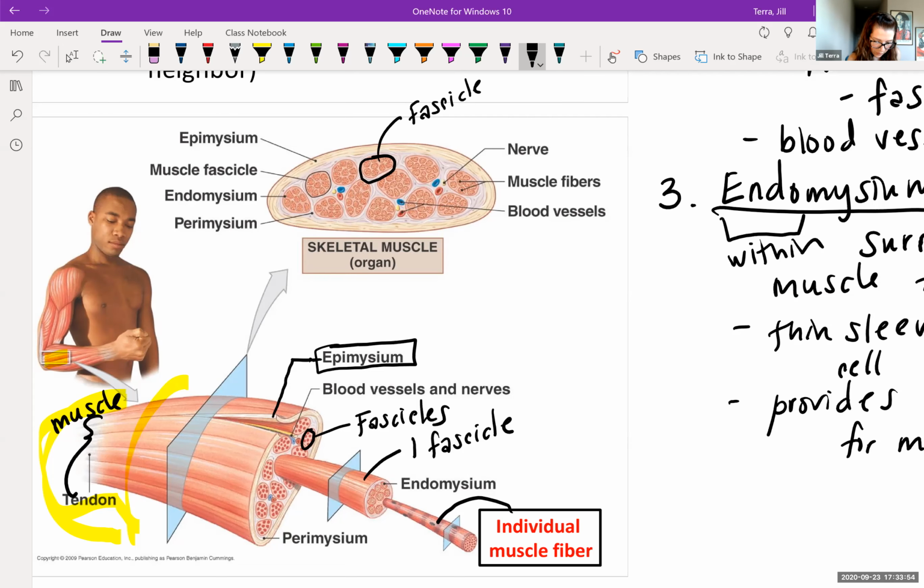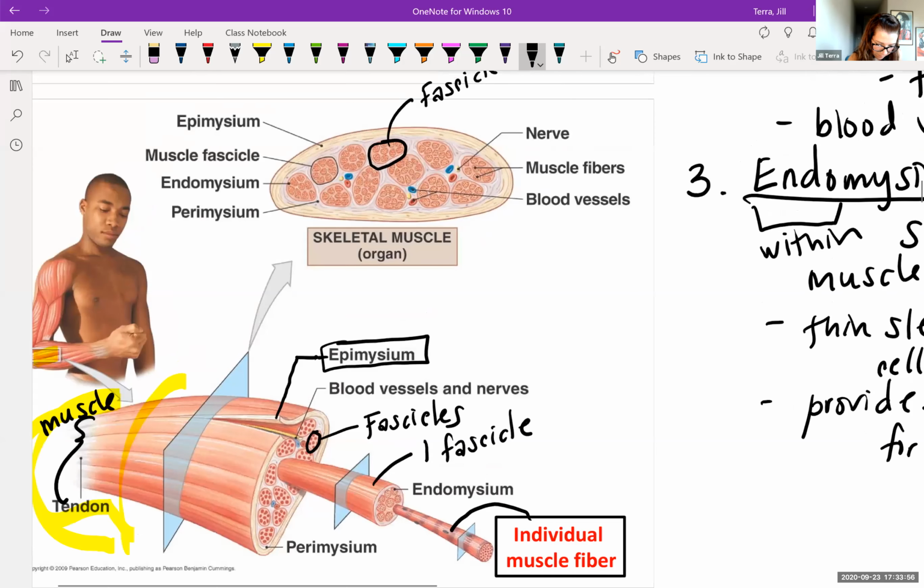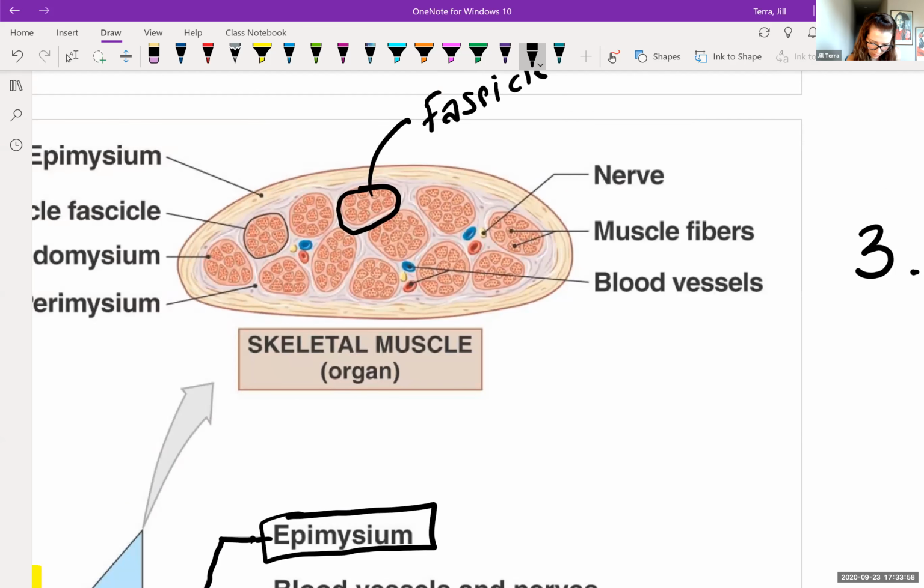And if you look closely at that light purplish stuff that lives in between, we see that it surrounds blood vessels and nerves. That is the perimysium.